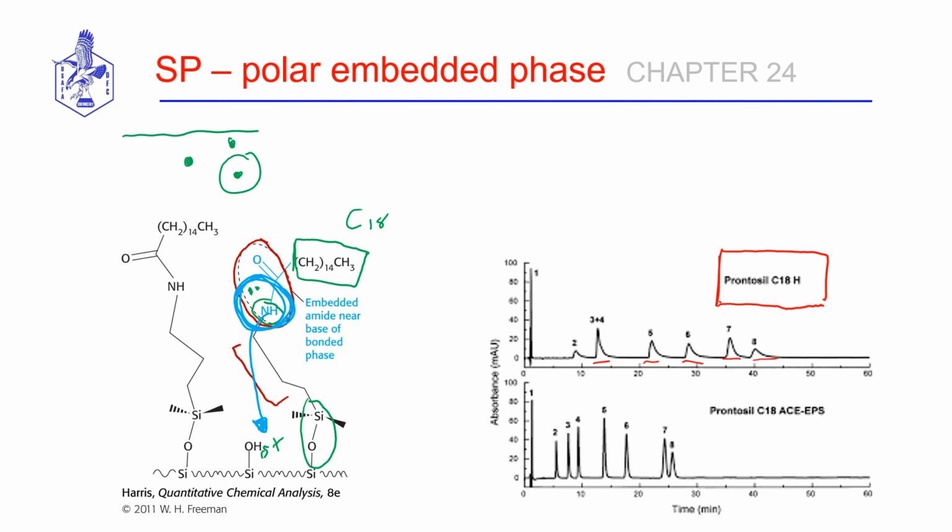Okay, so that is undesirable. If we had used a stationary phase material with this embedded amide group, in which it's going to bend over and tie up these unreacted silanol sites, we have much improved peak shape for each and every one of our components. So that is another option one can consider in purchasing your stationary phase material.